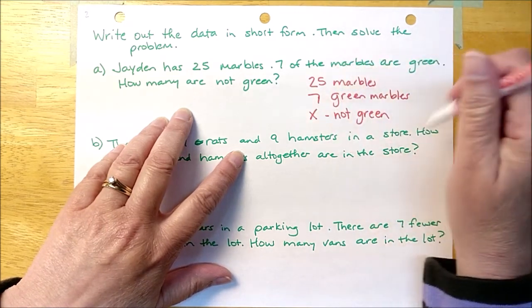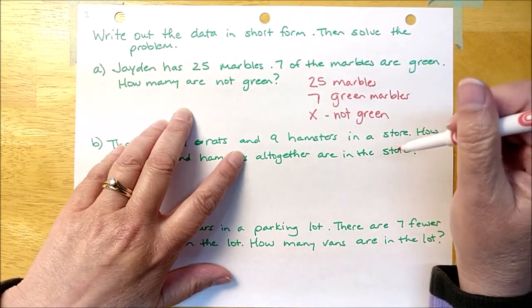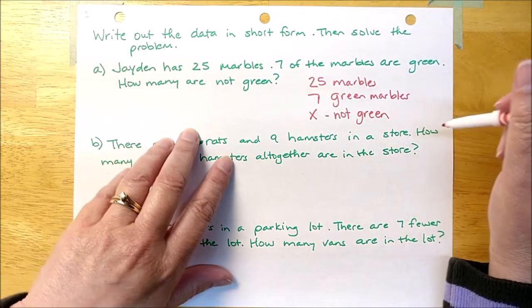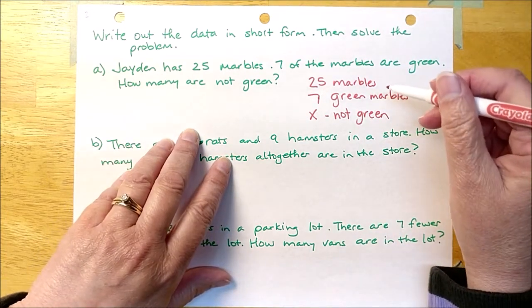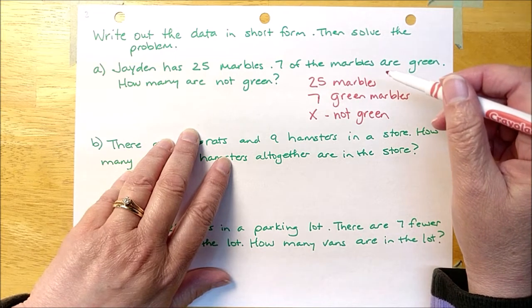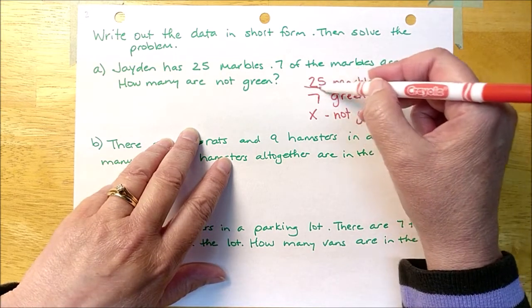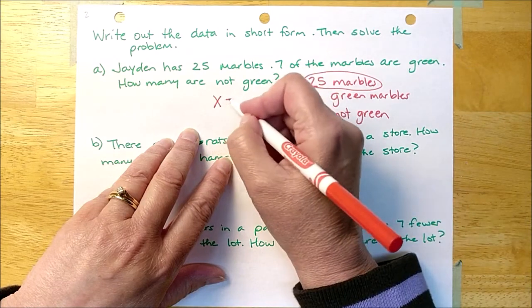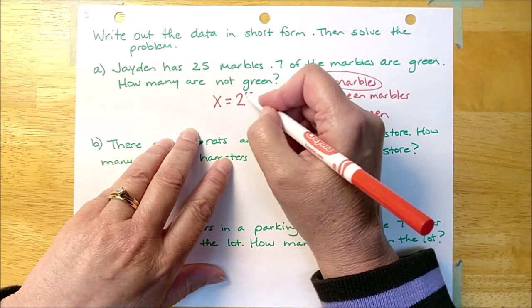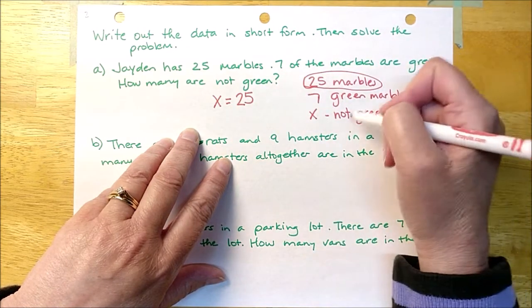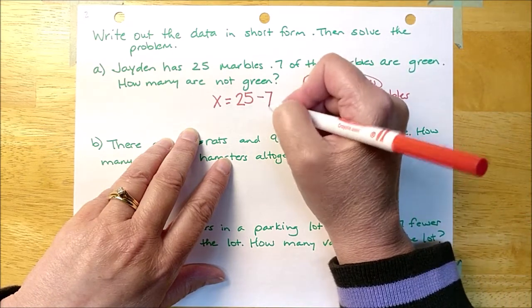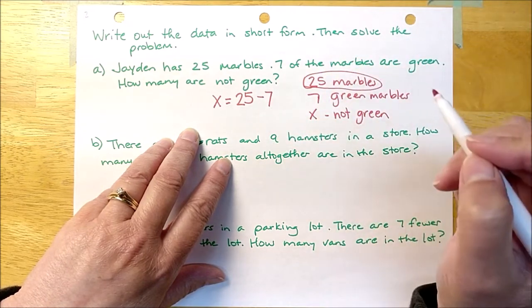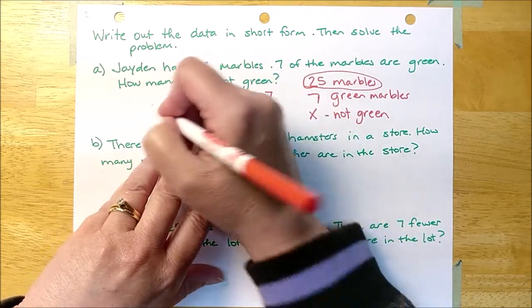So there I've put my information in short form. I hope that you had the same thing figured out when you did it on your own. So now I know that there is a total of 25. So that is my large number, my total. In order to figure out how many not green ones, I'm going to have to subtract my green ones from it.